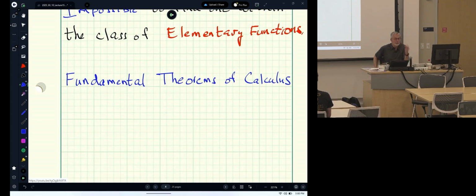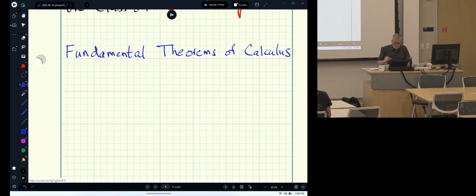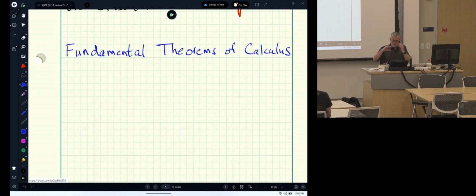You can compute it numerically, okay? And the other one says every definite integral can be solved via antiderivatives. These are the fundamental things that you learn about calculus. They tie differentiation and integration together as inverse operations.